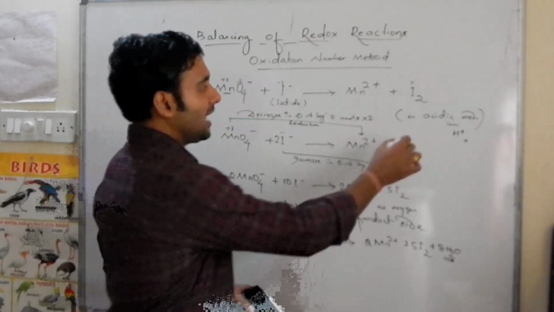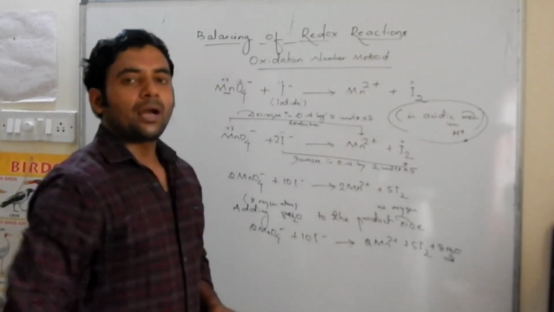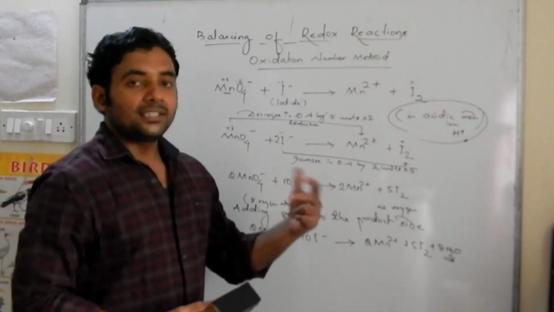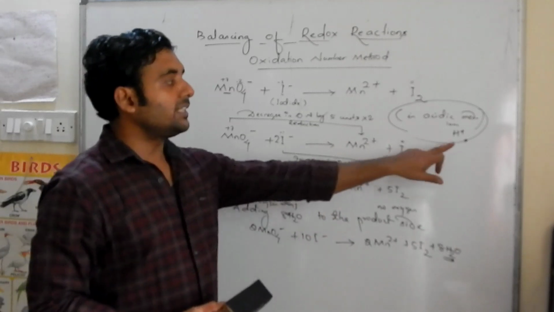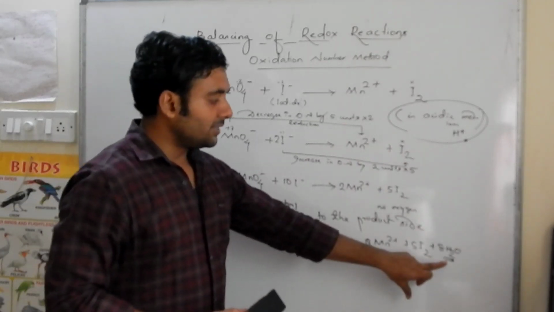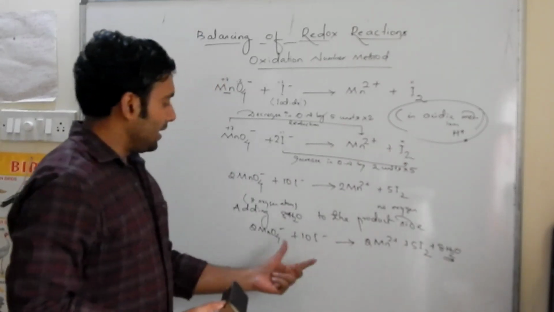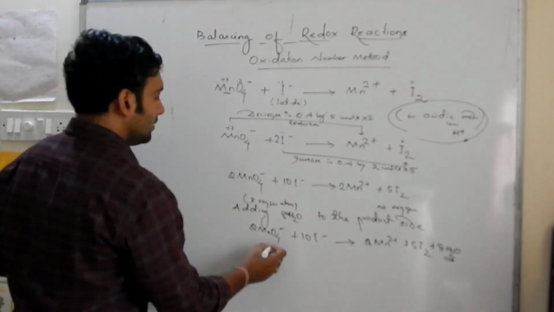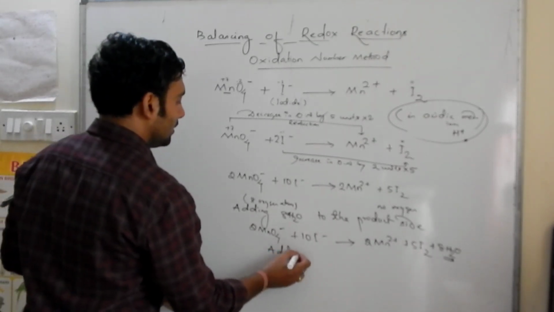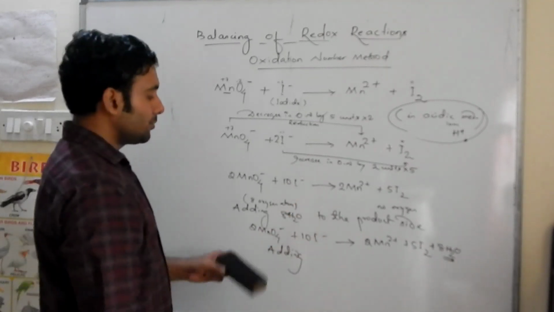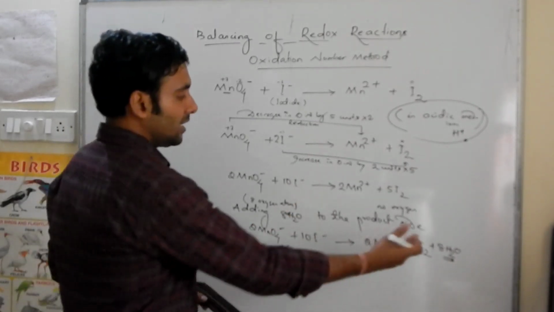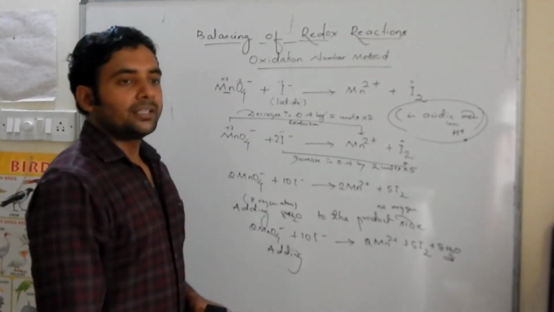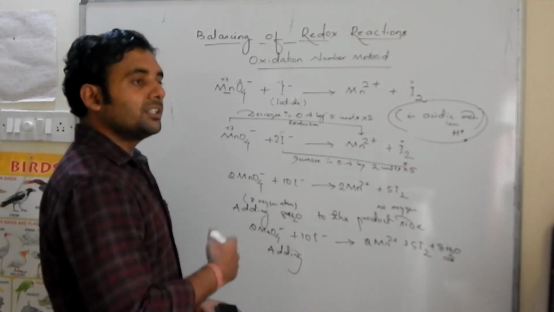As the reaction is in acidic medium, to balance the hydrogen we have to take the help of H+. In the product side there are 16 hydrogen, and in the reactant there is no hydrogen. So you have to add that many H+ to the reactant side, because there are 16 hydrogen in the product side, so there must be 16 hydrogen on the reactant side.